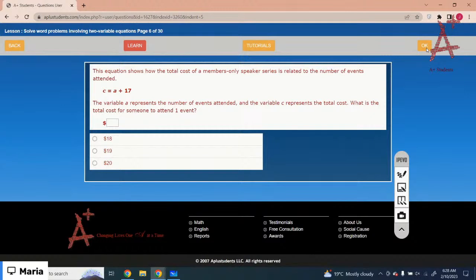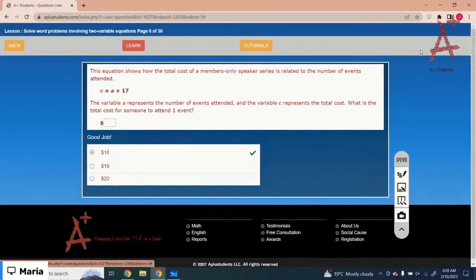So 17 plus A is 17 plus 1 equals, very good. So the correct option is $18. Got it? Just select the correct option and click on the OK button.